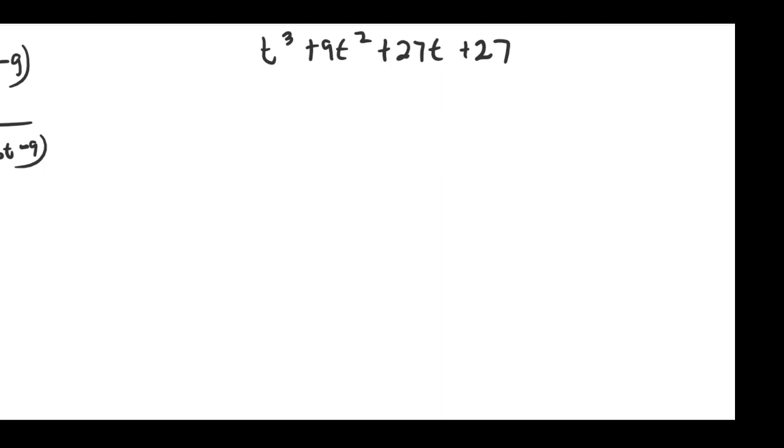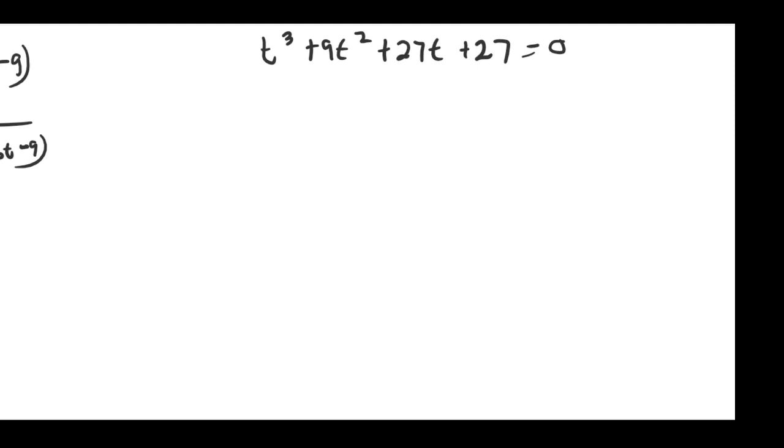So we want to factorize this. Remember the synthetic method. If you haven't done it, please go and check it out. It's under calculus, where you need to be able to factorize a cubic function, right?